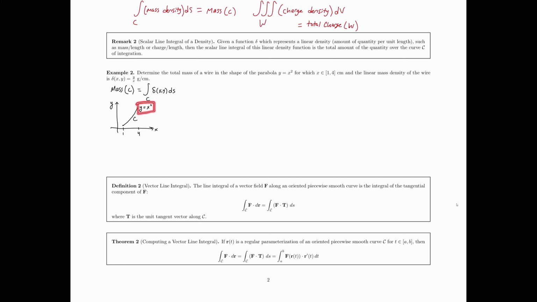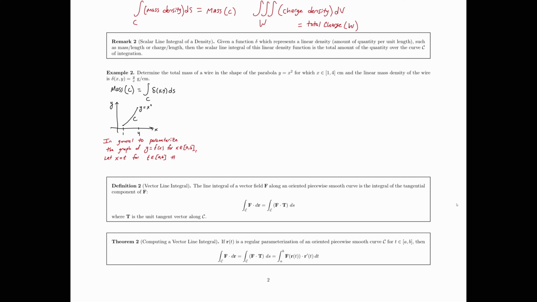So for instance, let me write this in red. In general, to parameterize the graph of y equals a function of x for, let's say, x between a and b, we would let x equal t for t between the same values a and b.